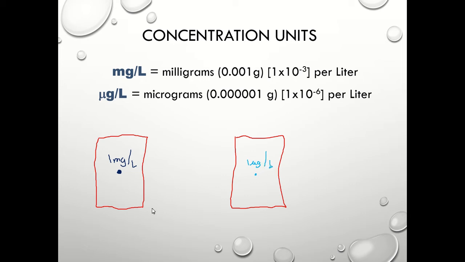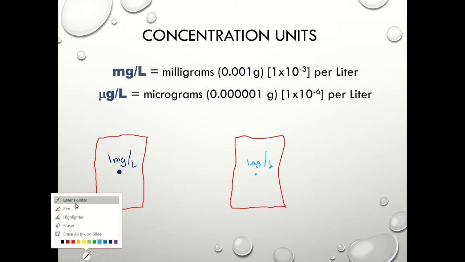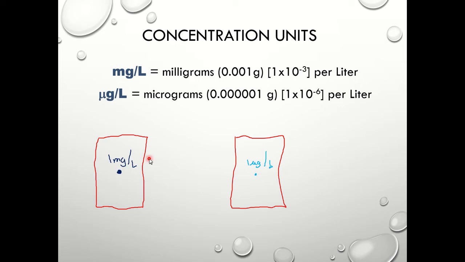In relation, the milligram per liter has a higher concentration because it's a bigger unit. It weighs more. That's what you think about.